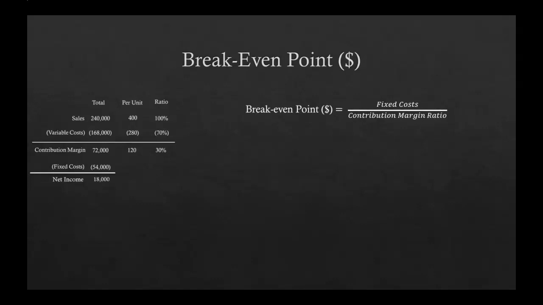So now our break-even point in dollars. That's your fixed cost divided by your contribution margin ratio. So our fixed costs are still 54,000. Our contribution margin ratio is 30%, which we want to put as 0.30.